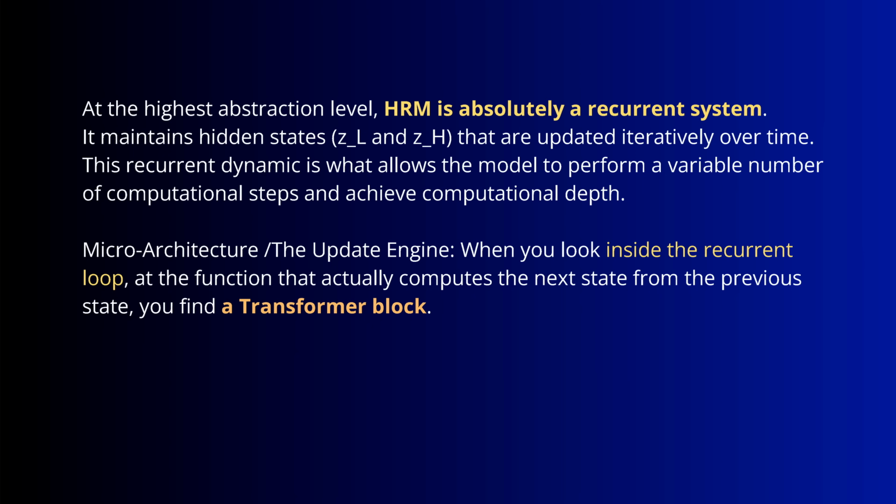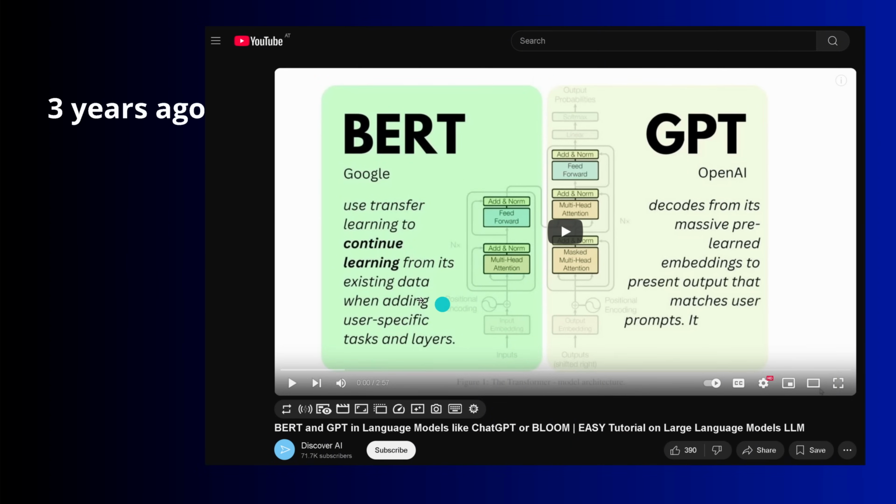When you look inside the recurrent loop, and the function that actually computes the next state from the previous state, you find a transformer block. So careful, we are not operating on RNNs, we are operating with the idea, the abstraction of RNNs, but we implement it in a transformer block. This is our module, and this is our path forward in the graph network.